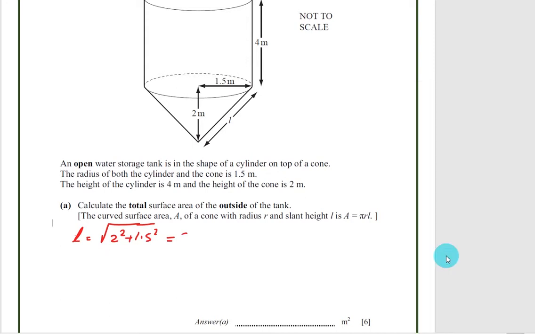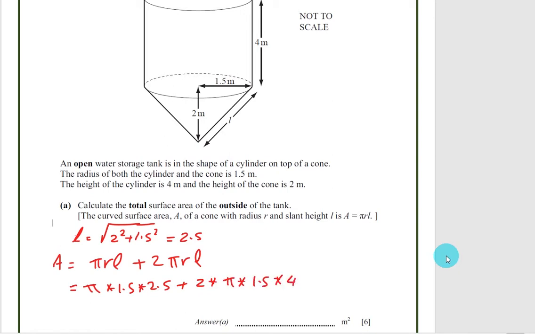So L is 2.5. The area is equal to pi RL, the area of the cone, plus 2 pi RL, the area of the cylinder. So it will be pi, and then R is equal to 1.5, L is 2.5, plus 2 pi, 1.5, and then the height is 4.